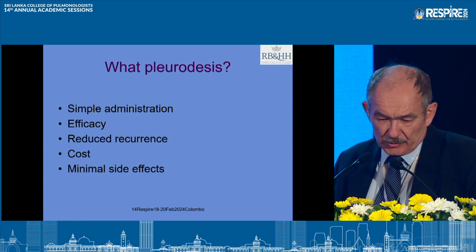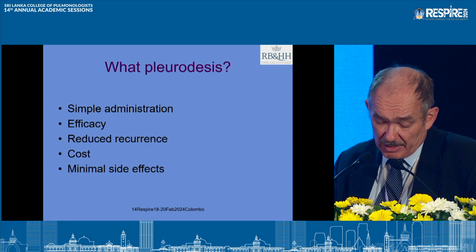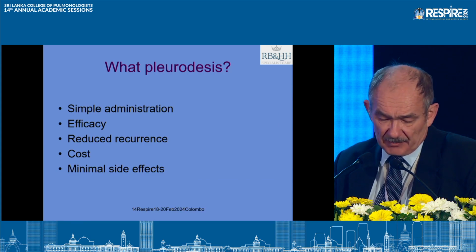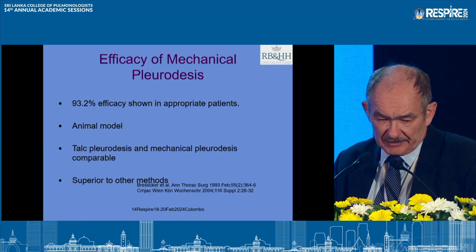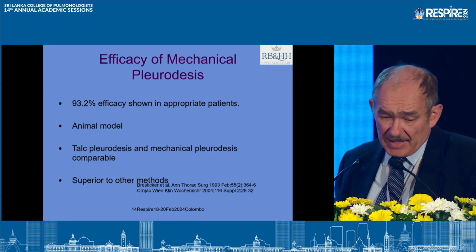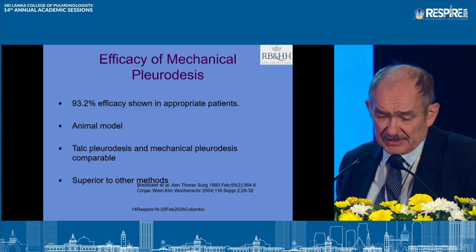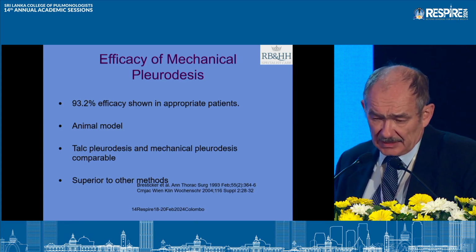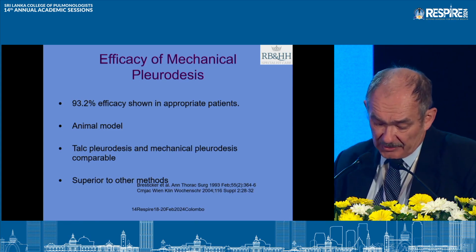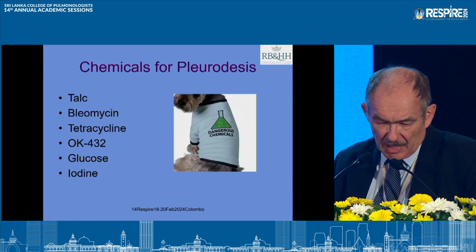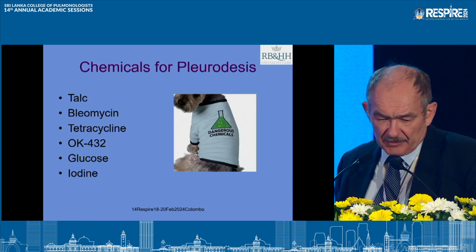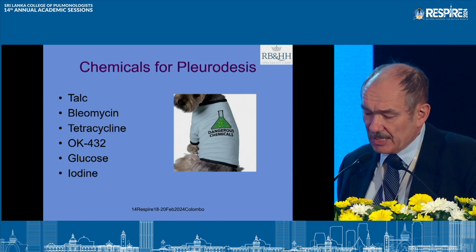But pleurodesis should be straightforward, easy to perform, and we need to try to minimize the number of complications we are expecting. Mechanical pleurodesis could be effective, but it's rarely used these days because talc is still the most common agent for this intervention. But as I said, bleomycin can be used, and tetracycline, glucose, iodine, you name it.